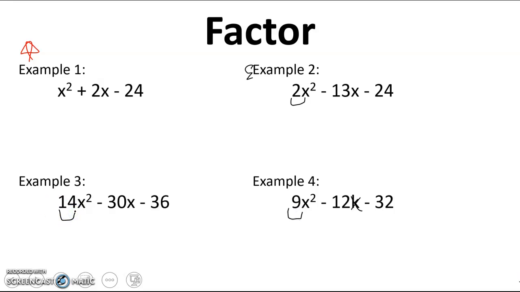This method that I'm going to show you actually works for all trinomials. So if you're forgetting how to factor when a does not equal 1, these ones right here, but if you forget the process for how to factor when a does equal 1, so basically one that looks like example 1, then you can always fall back on this option right here, and you should still get the right answer.